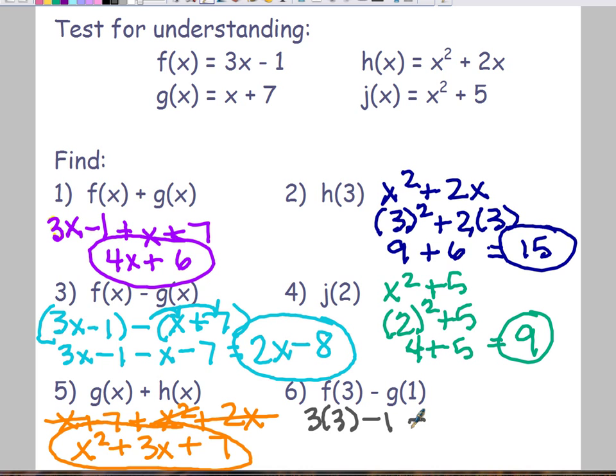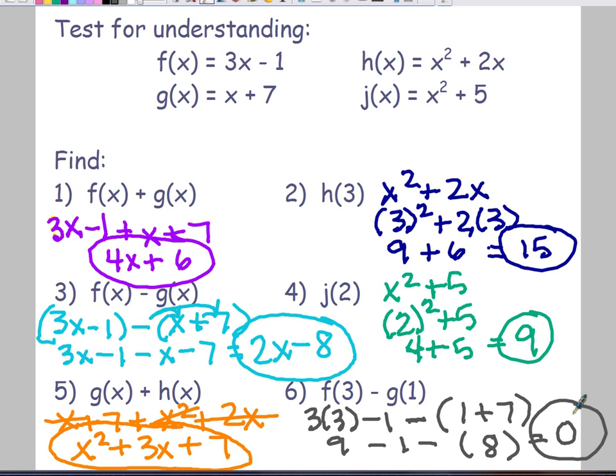And I'm going to subtract g of 1 means 1 plus 7 instead of x plus 7. 3 times 3 gives me 9 minus 1, and I'm going to subtract 1 plus 7 is 8. 9 minus 1 gives me 8. Subtract another 8 gives me 0.